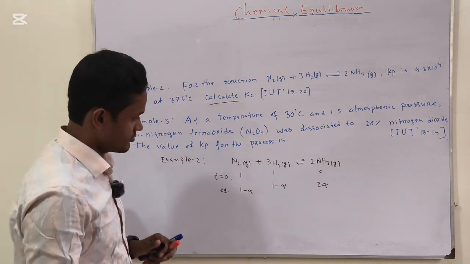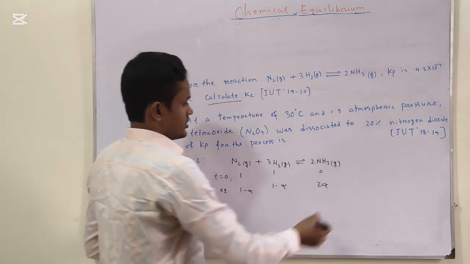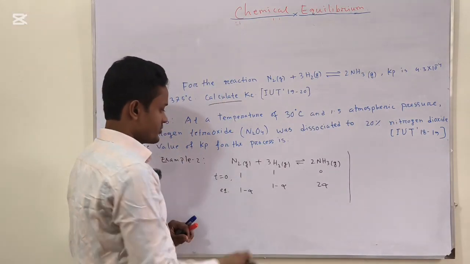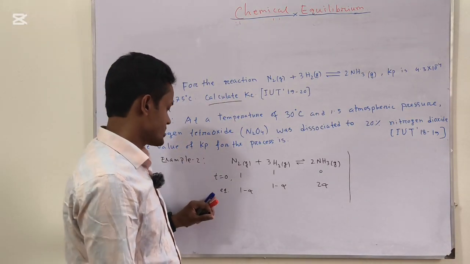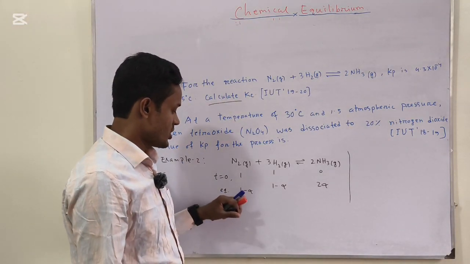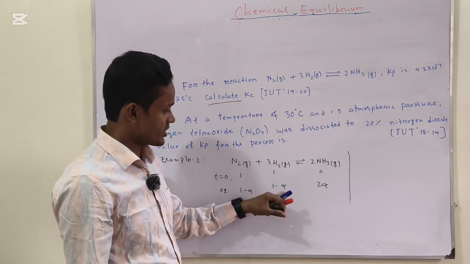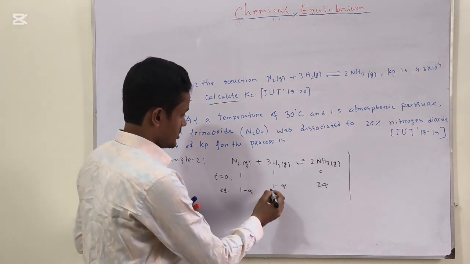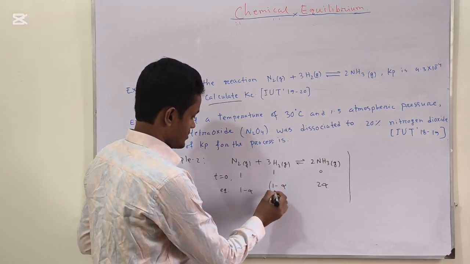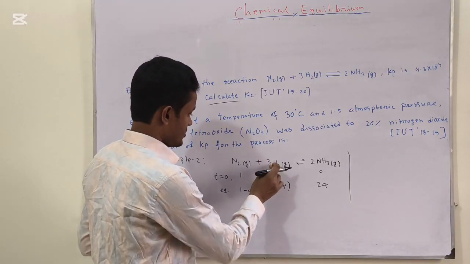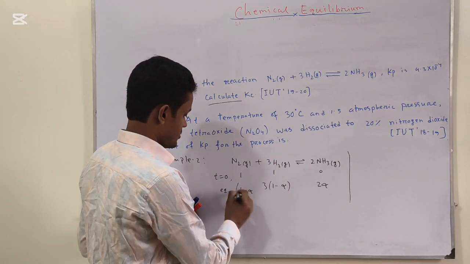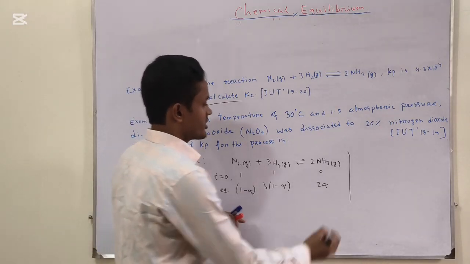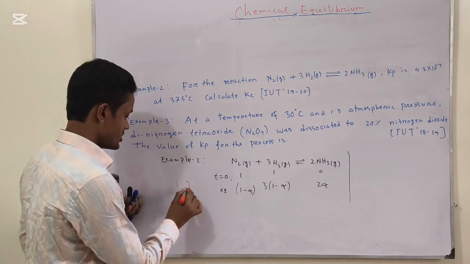Calculate Kc. Most important of the equilibrium process. Equilibrium: 1 minus alpha, 1 minus alpha, 2 alpha. It's 3 mole, 3 mole. Then we have this equation in a 1:3 ratio.